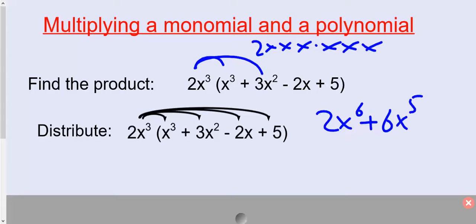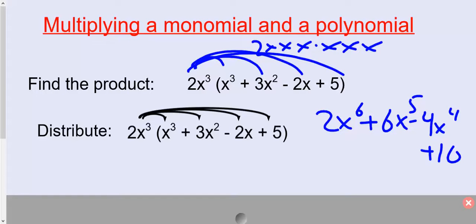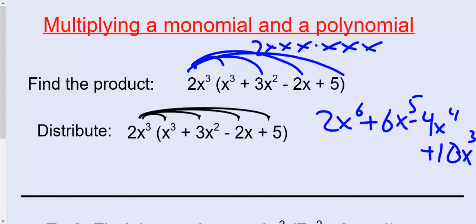So again, we're using our properties from chapter 8 with the exponents here. And then 2 times negative 2 is negative 4. And then x cubed times x is x to the 4th. And finally, 2 times 5 is 10. And then x cubed, well, there's just an x cubed. And there you go. So that's a monomial times a polynomial.